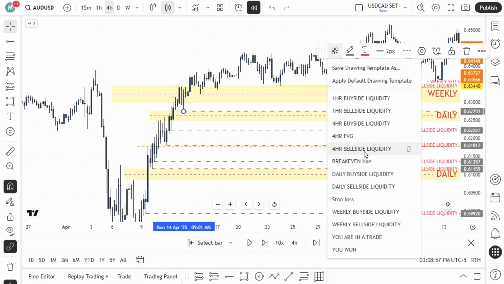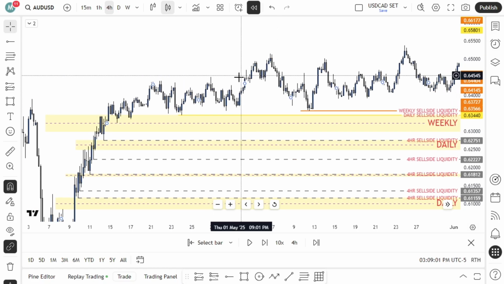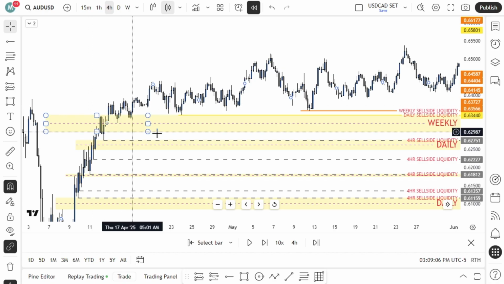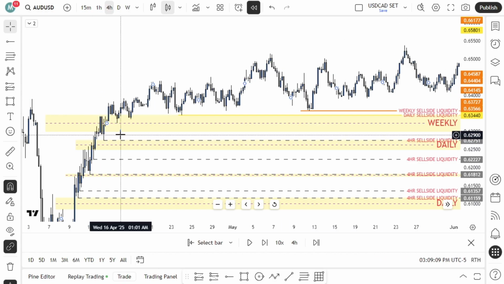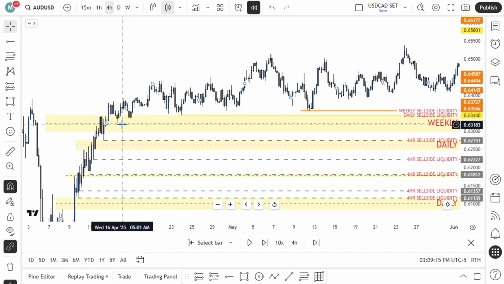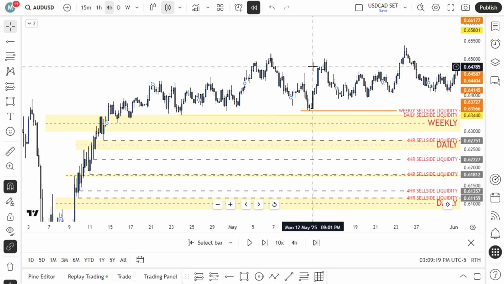One here as well. Now, once price is within the higher time frame's fair value gap, you do not have to mark out a swing low or swing high inside of the higher time frame fair value gap.